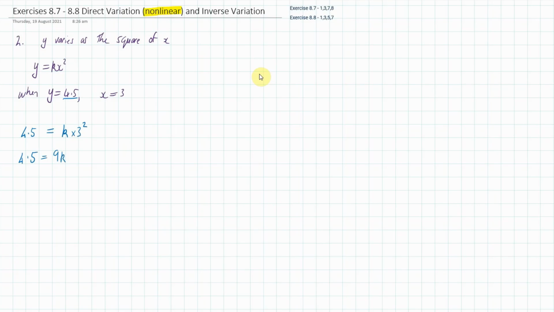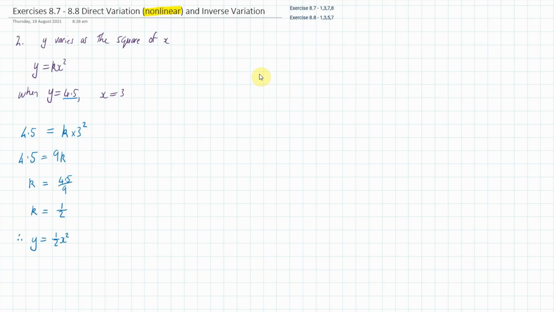To get k by itself, I divide both sides by 9, so 4.5 over 9, so k is equal to 1/2. So my equation is y equals half x squared, or x squared over 2.